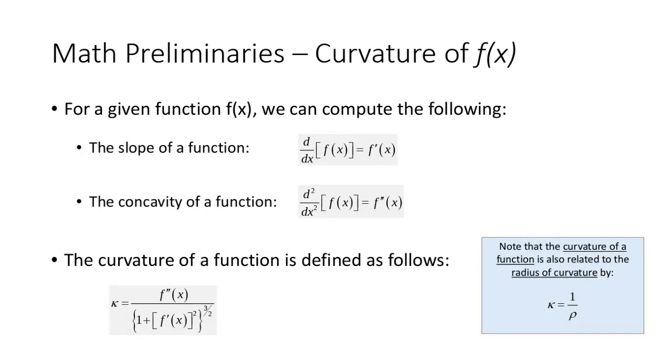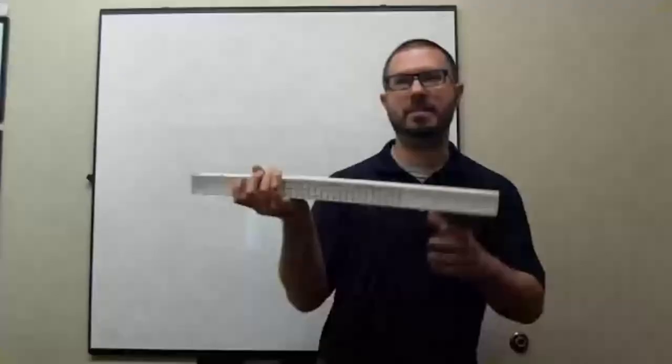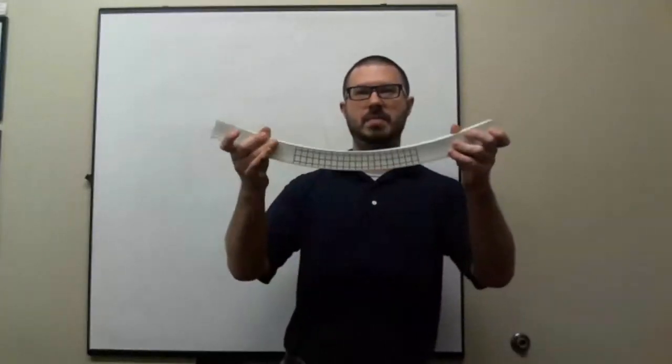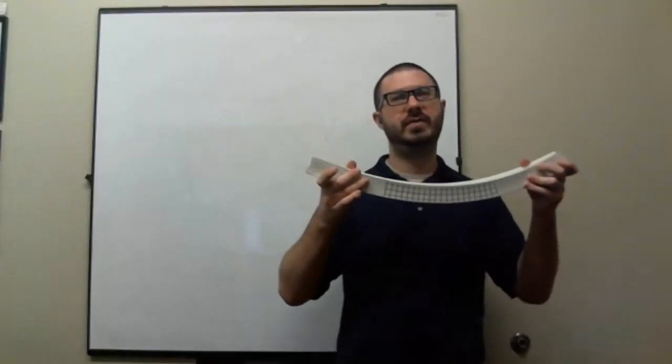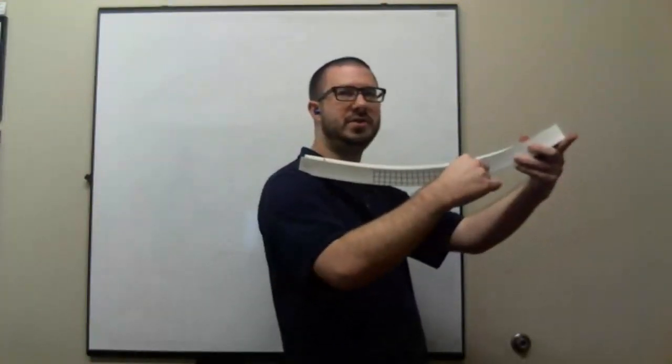Now, another thing that you'll find in math textbooks is that the curvature of a function is related to its radius of curvature by just the reciprocal. And what do I mean by curvature? This is what I mean. If I have a beam, let's say here's the beam, and the beam undergoes bending, what we're going to do from a derivation perspective is assume that this is kind of like the arc of a circle, and we're going to try and determine its curvature.